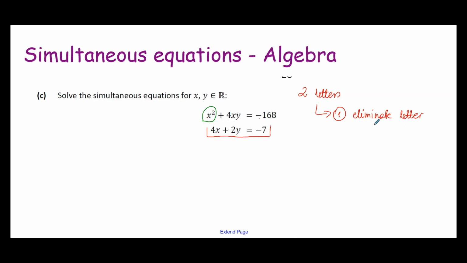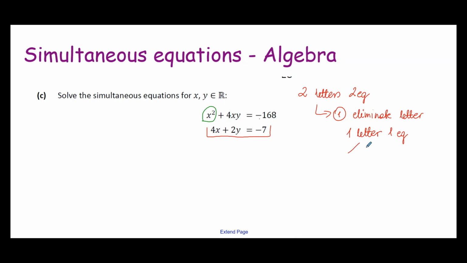If I eliminate one of the letters, I am left with one letter and I will have one equation. Here I have two letters, two equations, and therefore I eliminate one of the letters. So I have only one letter and the two equations become one equation.